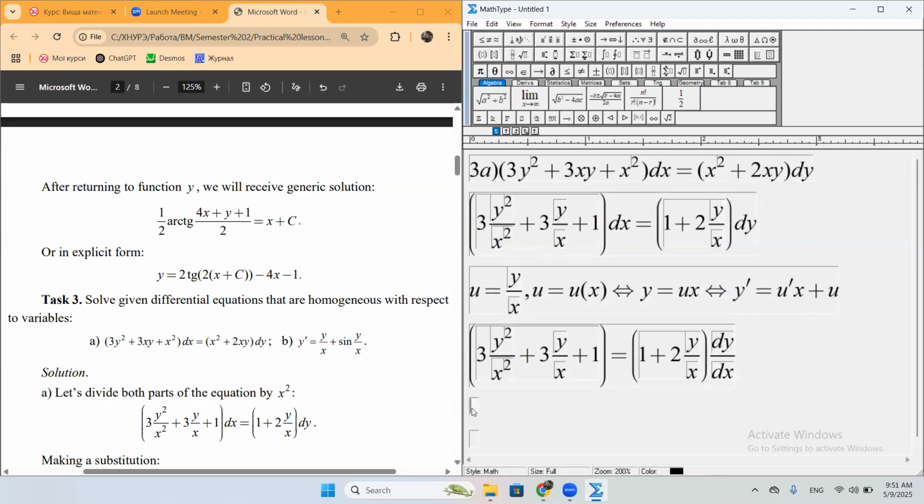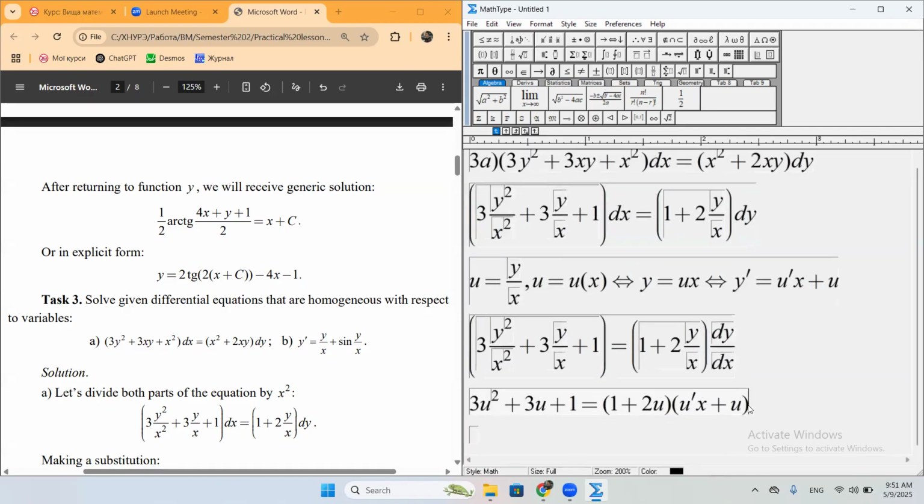Okay, let's rewrite the equation. What will we have? 3u squared plus 3u plus 1 equals (1 plus 2u) multiplied by (u prime x plus u).